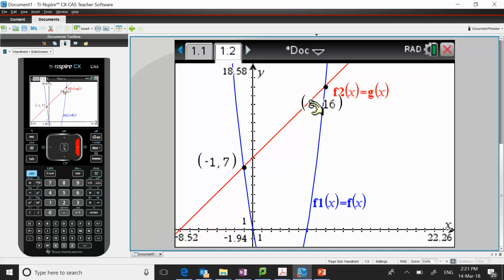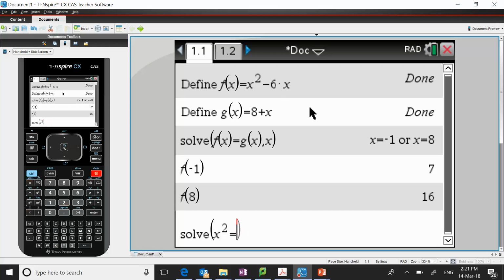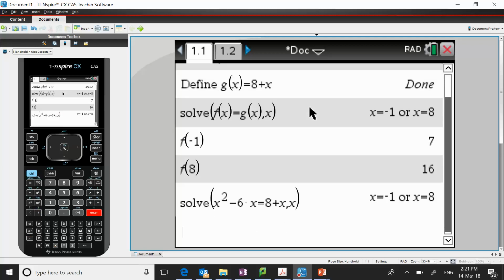In this case here, you could have gone solve, and you could have typed in x squared minus 6x equals 8 plus x, and you got to tell it what to solve for. So you do comma x. That's what you're solving for, and it should be the same. You get -1, 8. Yeah, so you can totally do it that way. I'm just encouraging you to use define for later questions.